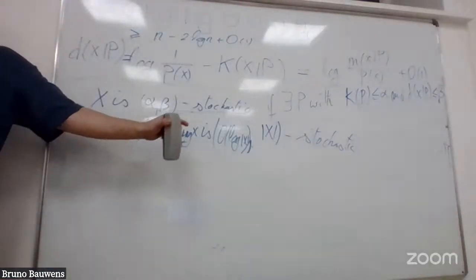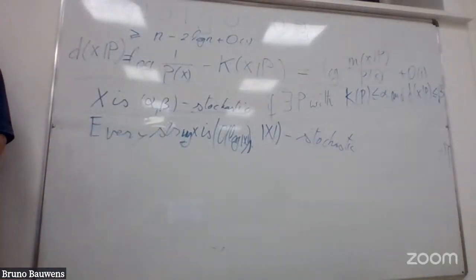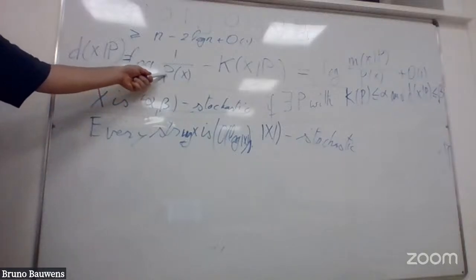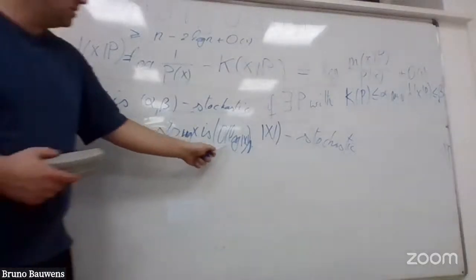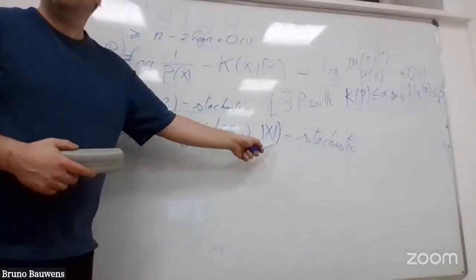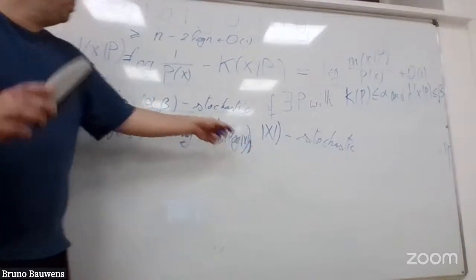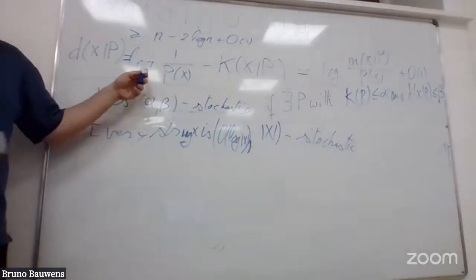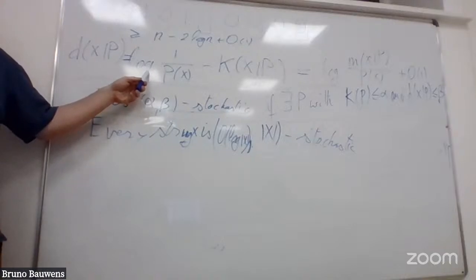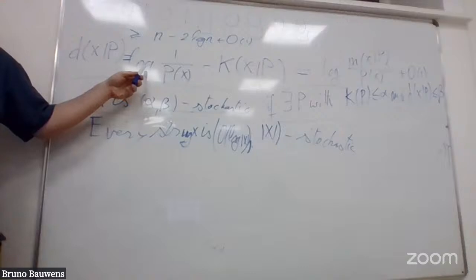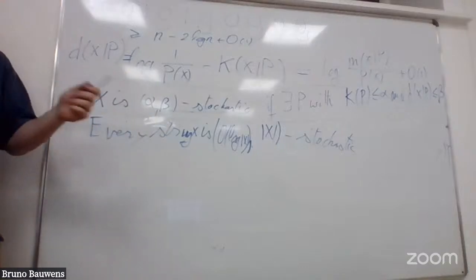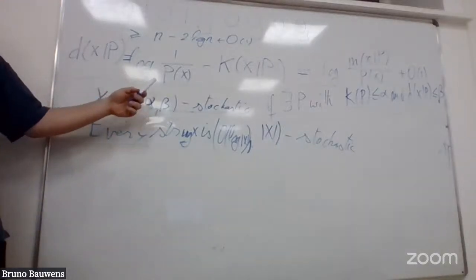Now, which p should I use to prove that every string is order log of length of x and length of x stochastic? The model p I use is the uniform probability over all strings of the same length as x. So x is length n, we take the uniform distribution.